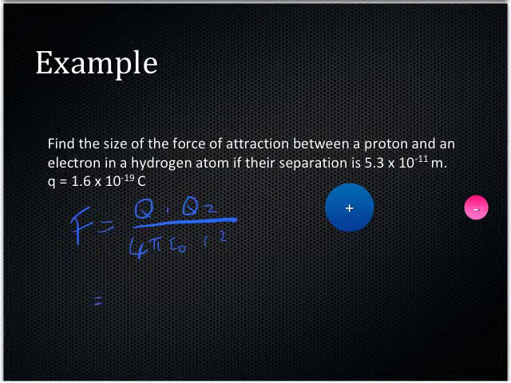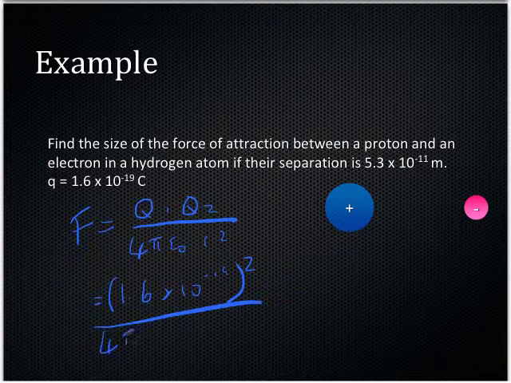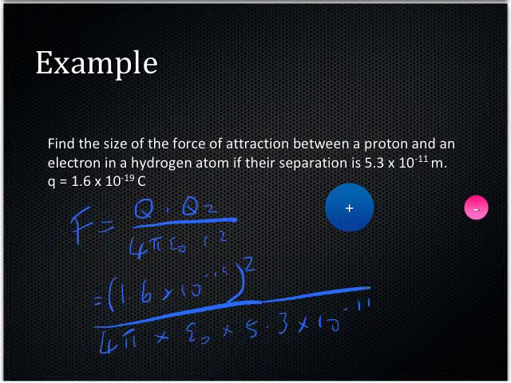You just put the values in: 1.6 times 10 to the minus 19 squared divided by 4 pi times epsilon naught times 5.3 times 10 to the minus 11. Substitute in epsilon naught and you should find your answer. And you'll find it's actually a reasonable size for the size of the object.